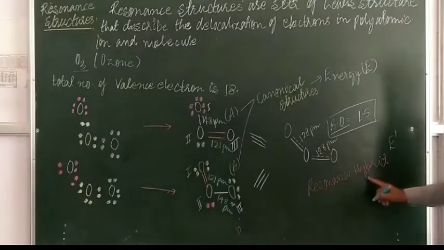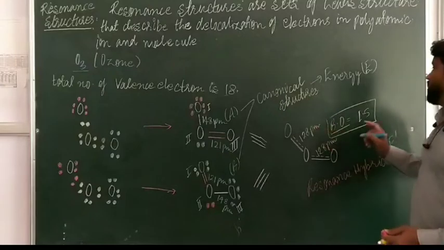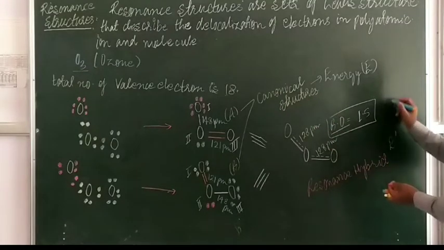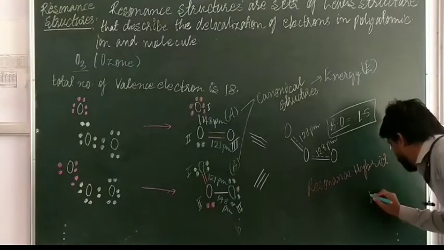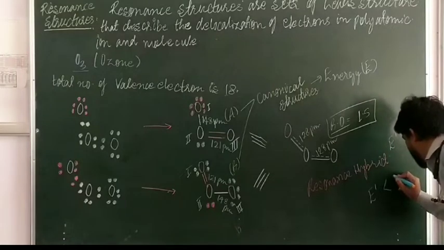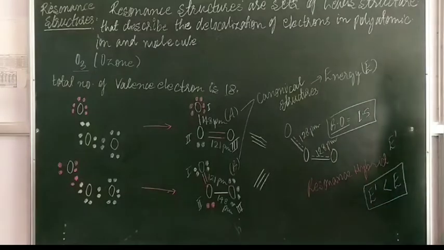E dash is the energy of the resonance hybrid, and E is the energy of the canonical structure. The energy of the resonance hybrid is less than that of the canonical structure. That means we may say clearly E dash is less than E.